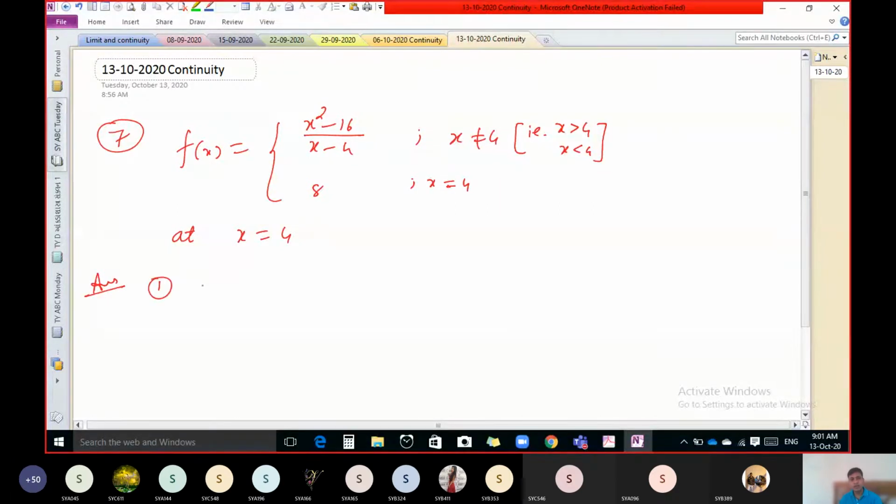First condition, value of f of 4. That means when x is 4, what is the answer? The answer is 8. 8 is a finite number. So we can say that first condition is satisfied.